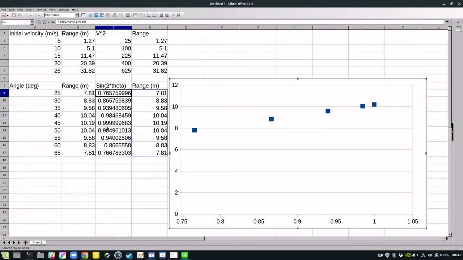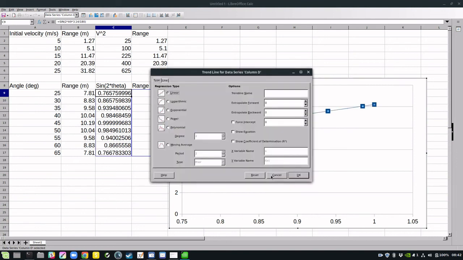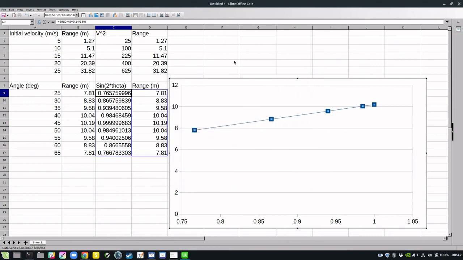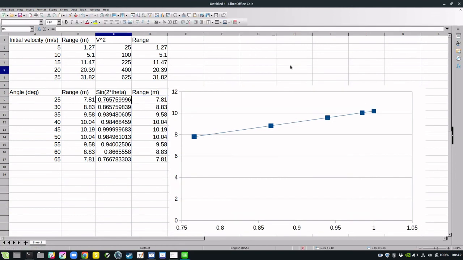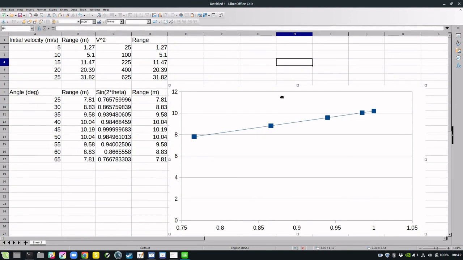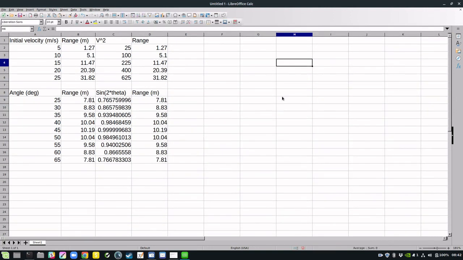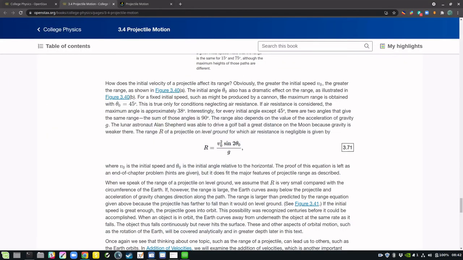Many of the data points are very close to 1, and so they're stacked on top of each other over here. But if we insert a trend line, now we can choose linear, okay, and that is a good looking fit, right? So in other words, range is on the y-axis. What's on the x-axis? Sine of 2 theta. And so by linearizing the data, we've actually shown that the range is proportional to the sine of twice the initial angle.